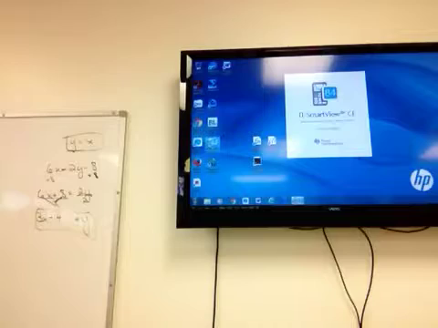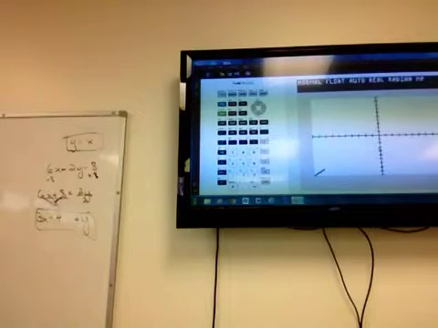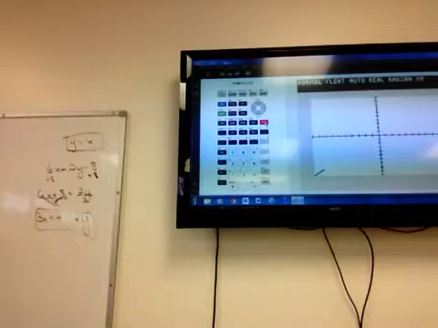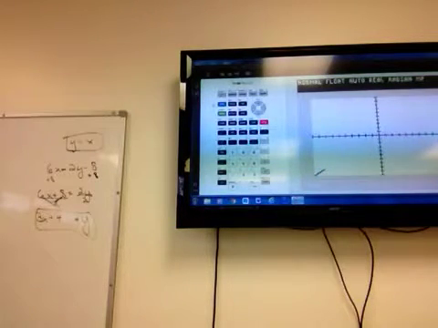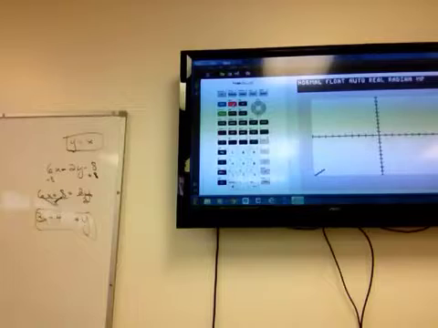So second trace, which is calculate number 5. Move your cursor close to the point of intersection, and then enter, enter, enter.